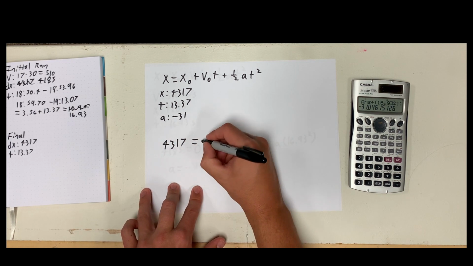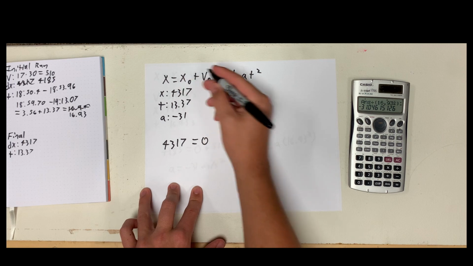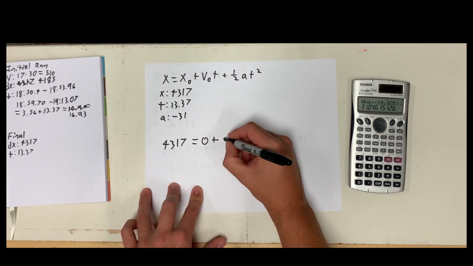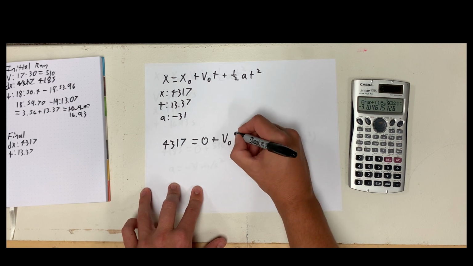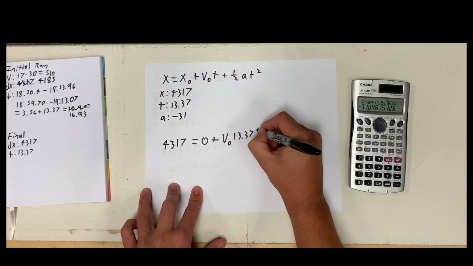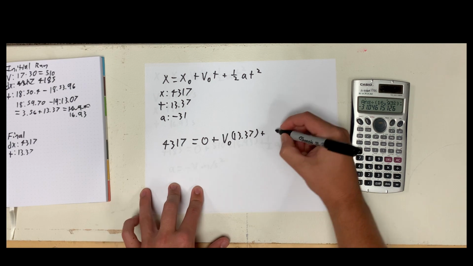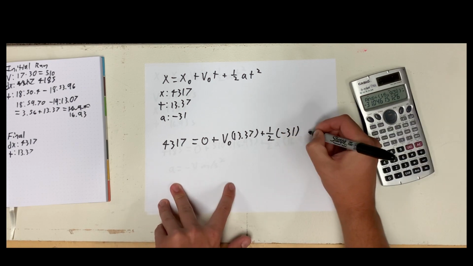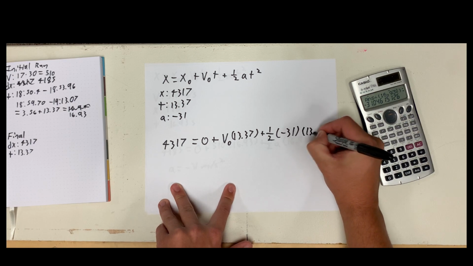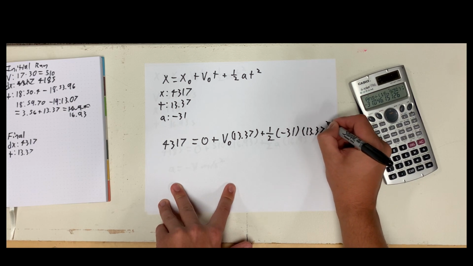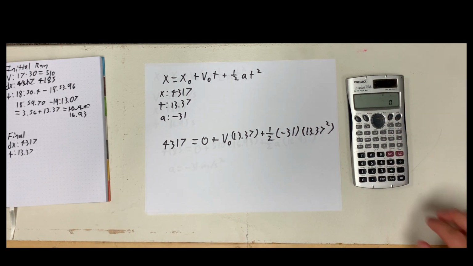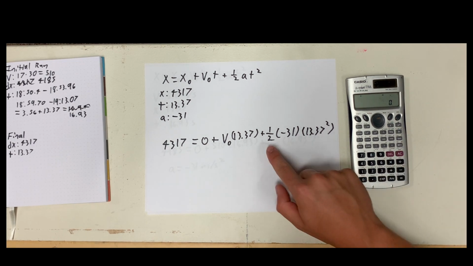4,317 equals 0. Again, our initial position doesn't really matter. Plus our initial velocity times time, but that's what we're trying to figure out. Plus our 1/2, negative 31, and then our t squared, 13.37 squared. And now we just have to do the math on that. So we're going to first calculate this part.